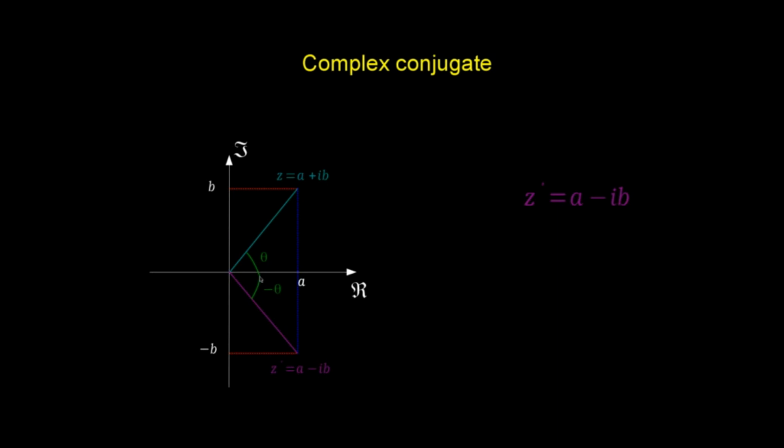So what is different is the angle. The argument of the complex will take a different sign. So if we have here a theta, we will have now minus theta. So it will be easy also to determine the conjugate of the complex in the polar form. It will be z star equal to the modulus of the complex z cis minus theta.